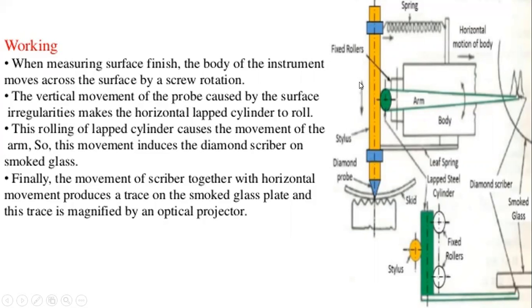So this is the direction symbol, and this makes the horizontal lapped cylinder roll, clockwise and anti-clockwise.